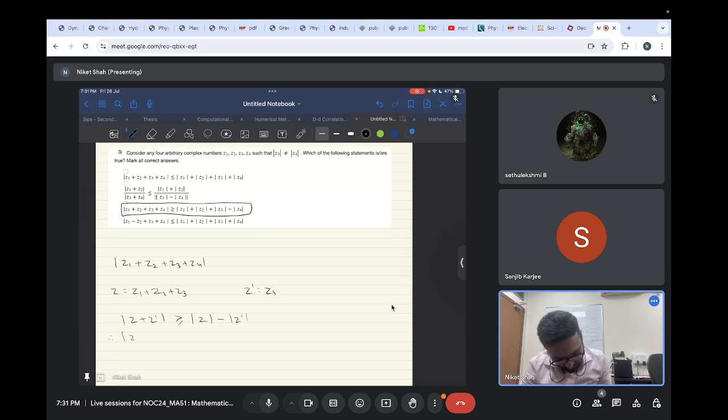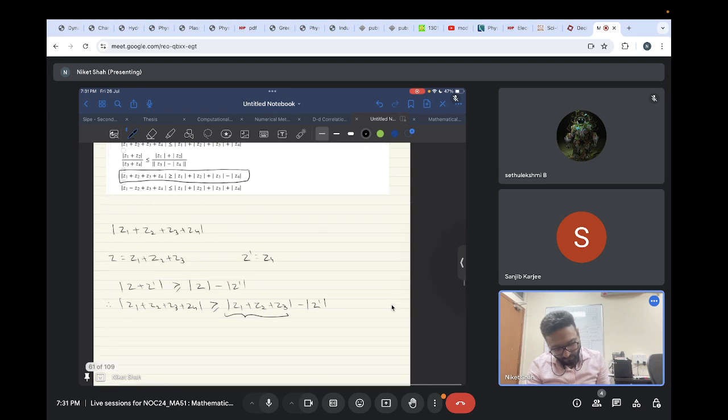Therefore, modulus of z1 plus z2 plus z3 plus z4 is greater than or equal to this modulus minus modulus of z prime. This is what I end up with. But what I want is for even this to be individual moduluses, not the entire expression.